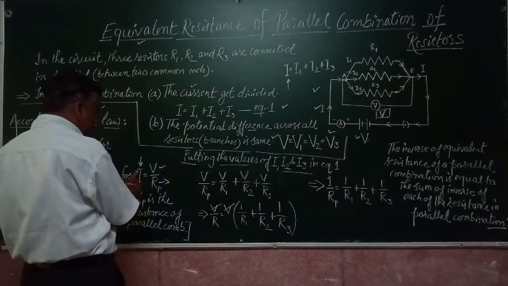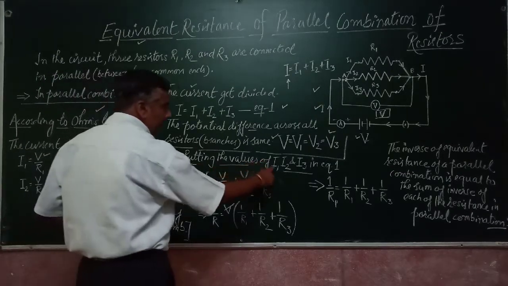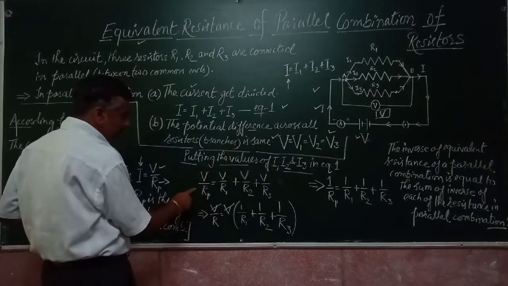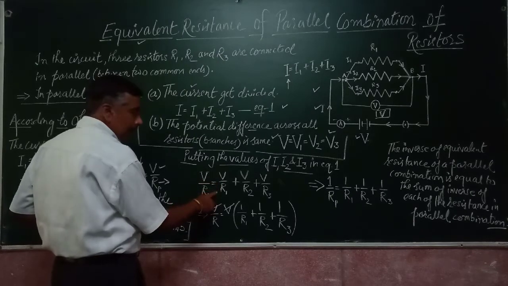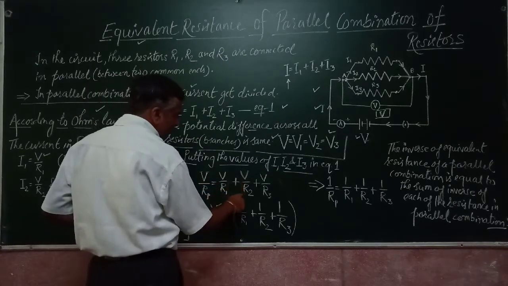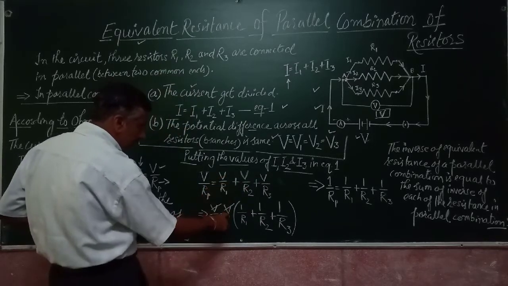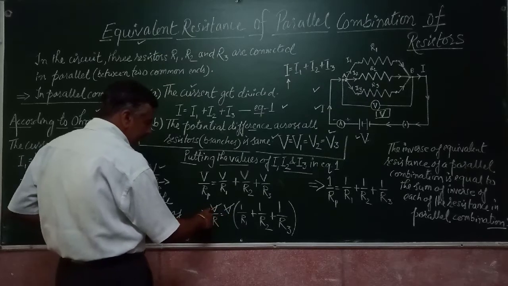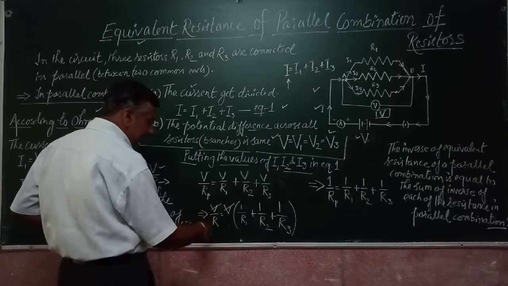Now we have found the values of I, I1, I2 and I3. Substituting these in equation 1: for I we have V upon Rp, and for I1, I2 and I3 we have V upon R1 plus V upon R2 plus V upon R3. Now V is common on both the left-hand side and right-hand side, so it gets cancelled out.